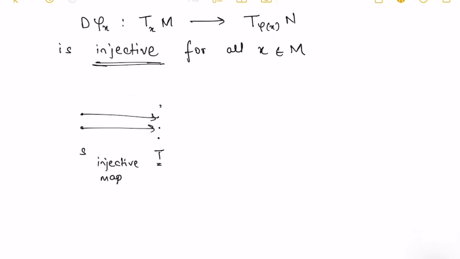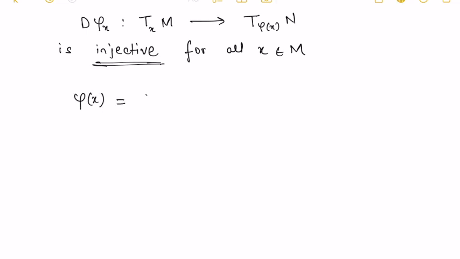So let's remove this. Now that we know what injective functions are, how do we check if a function is injective or not? So let's just write the mapping function psi in all the coordinates, right? So psi can be operated on all of these coordinates of the source manifold, which is m dimensional.